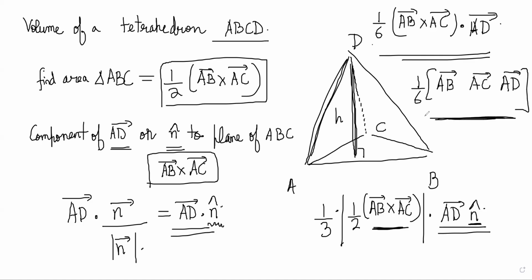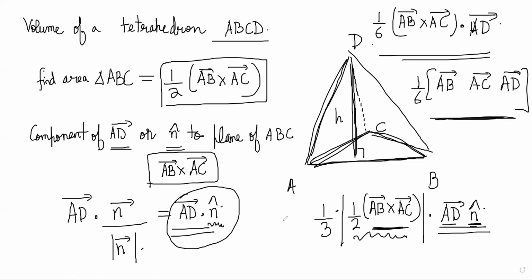So what are we doing here? We are saying find the area of this triangle, and 1/3 of that area times the height will give us the volume of this tetrahedron. The height comes as AD dot n unit vector, and you have to do magnitude of the area times AD into n unit vector into 1/3.